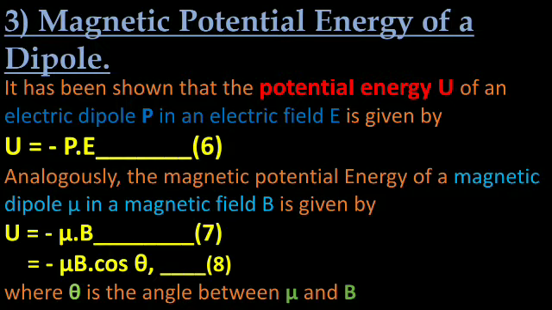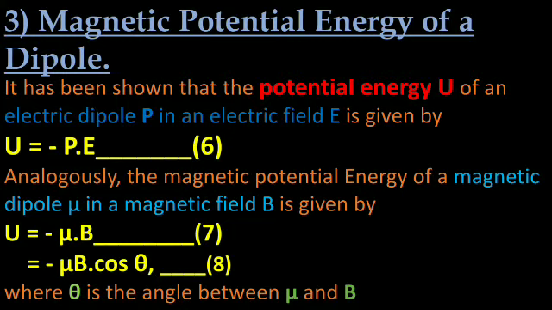Analogously, the magnetic potential energy of a magnetic dipole mu in a magnetic field, that is vector B, is given by U is equal to minus mu dot B. Now P is the electric dipole moment and mu is the magnetic dipole moment. E is the electric field and B is the magnetic field. So see the similarity between these. Only the terms are replaced.